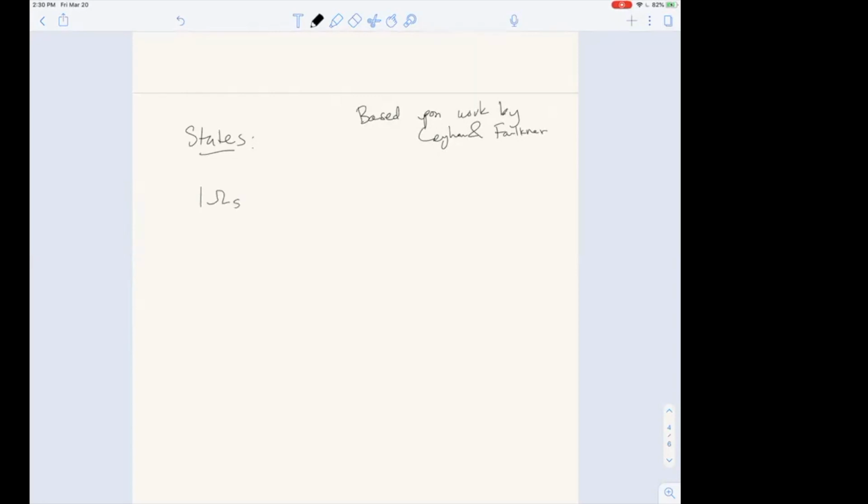The state I'm going to study, I'm going to call Omega_s, which is just e to the i C_AB s acting on Omega. So this is just, to remind you, sigma_A to the is, sigma_B to the is, sigma_AB.